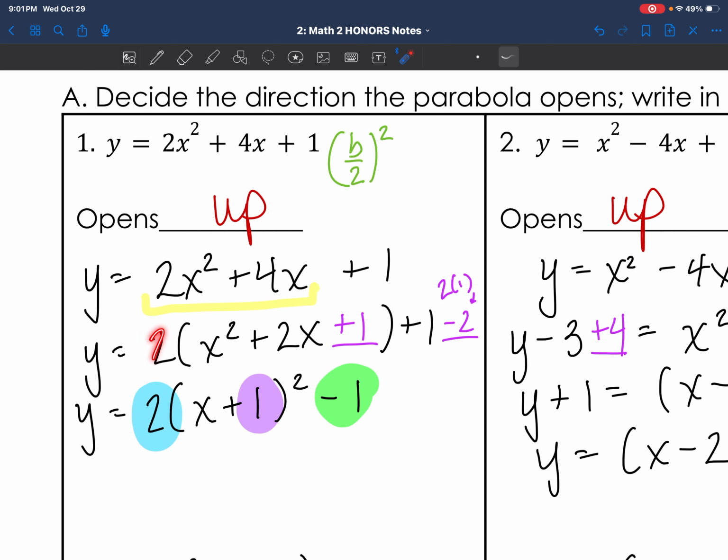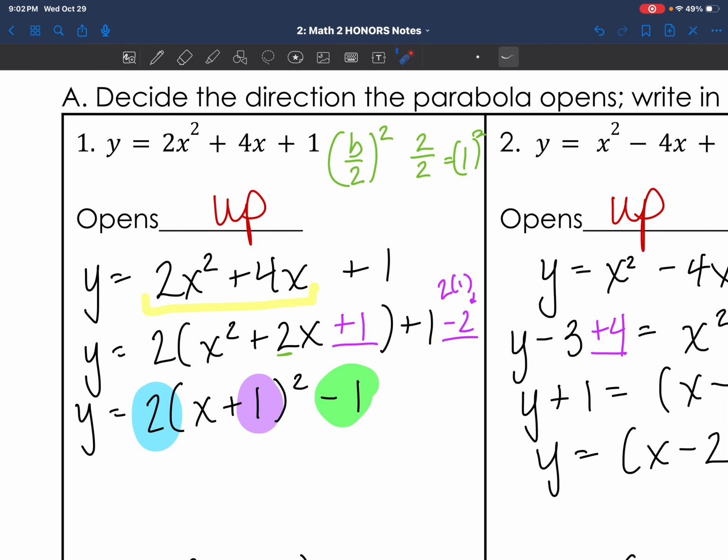Here we're going to factor out a 2, and I'm left with x squared plus 2x, and we need to know what our magic number is, the part that completes the square. In this case, we take this term, 2 divided by 2, which equals 1, and then we square it, and that's where our 1 came from.